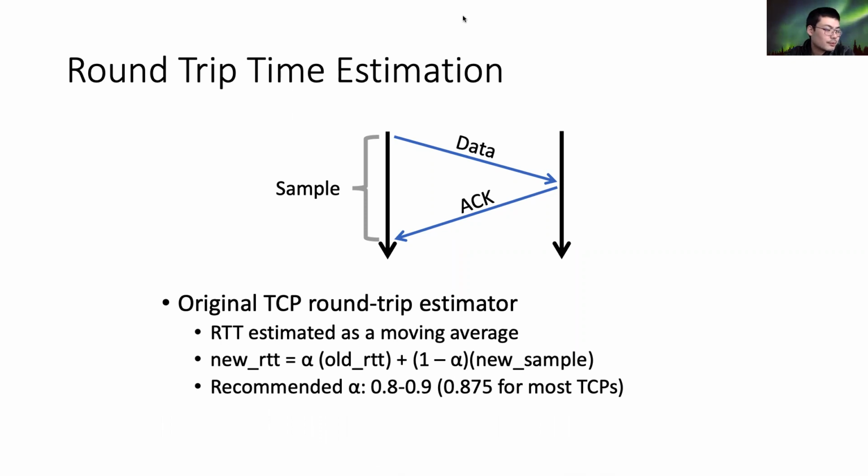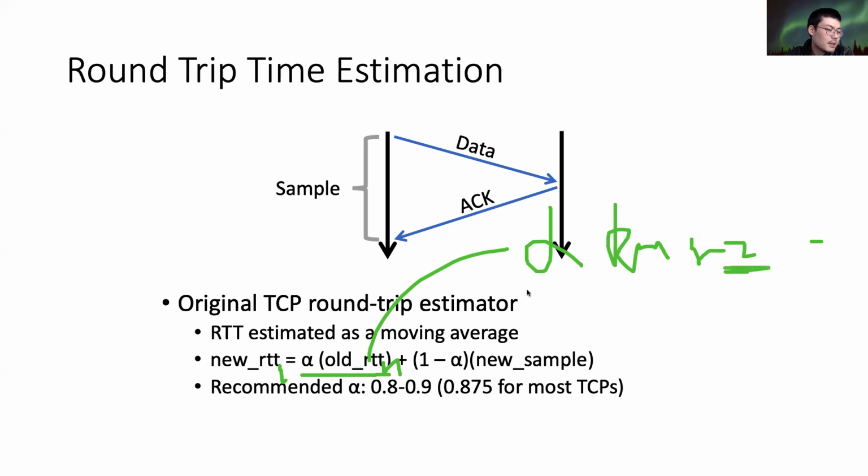Another thing is that you can see this scheme is good because it's exponential decay. Let's say this is RTT i, and this is RTT i minus 1. RTT i minus 1 can be further expanded as this formula, alpha times RTT i minus 2, etc. So you can see the longer the time is, you have alpha to a higher power.